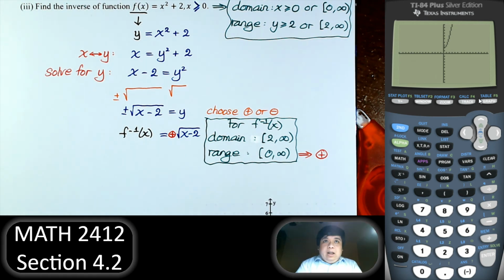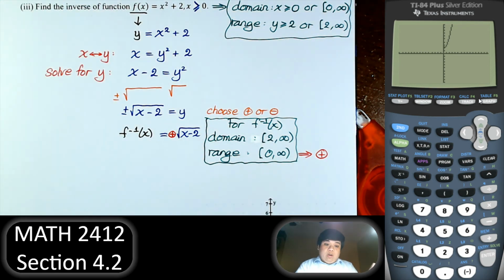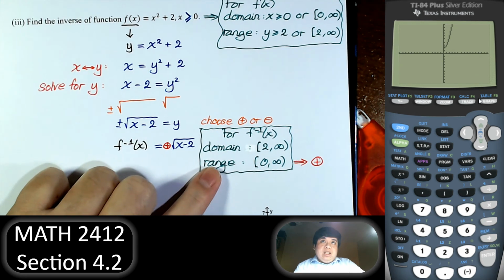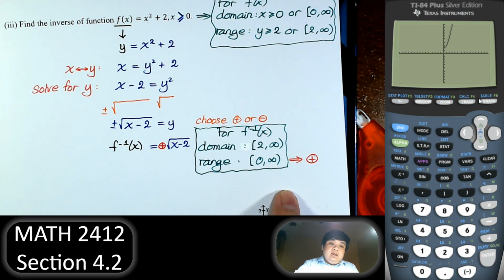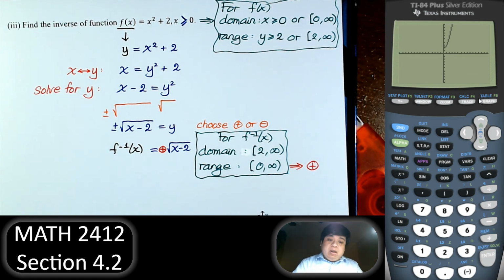Right? So, yeah, because the function is not one-to-one, we have to restrict the domain. So it is one-to-one. One-to-one function, we have the inverse. But when we do that, we have the plus or minus here. And we have to, based on the domain and range, choose that it has to be the plus. So the domain and range will satisfy those properties.